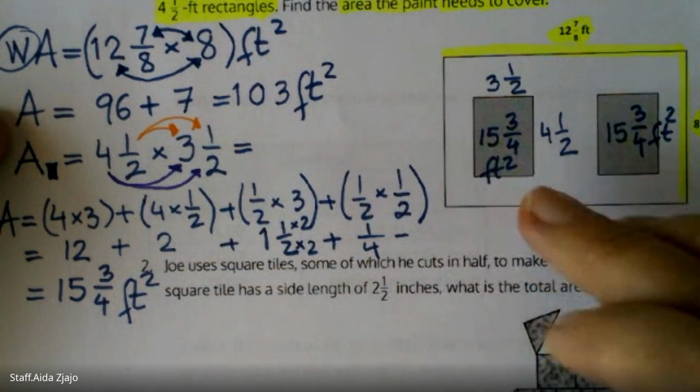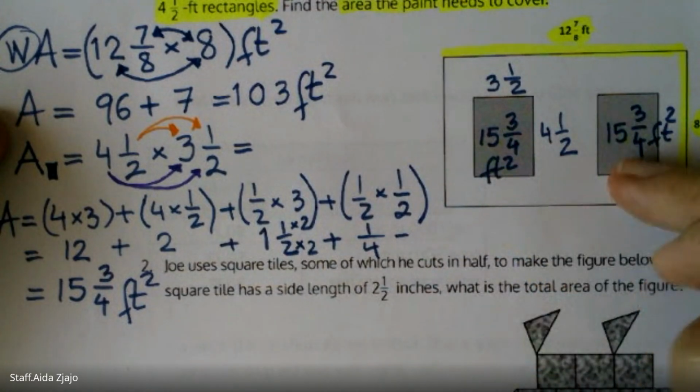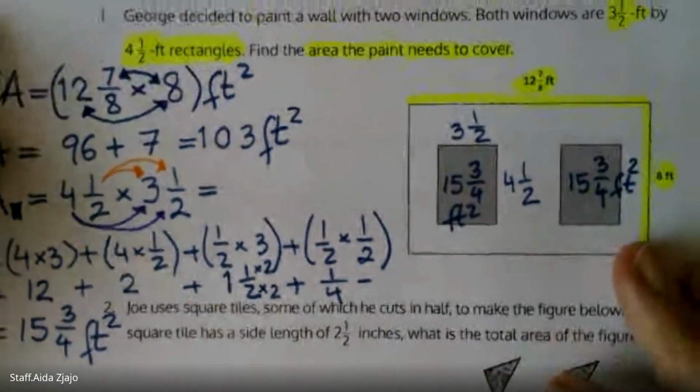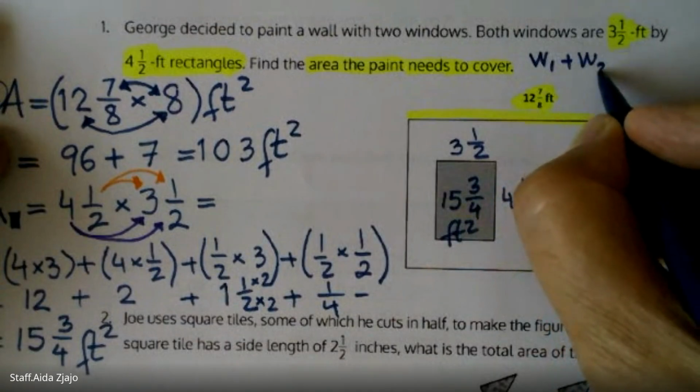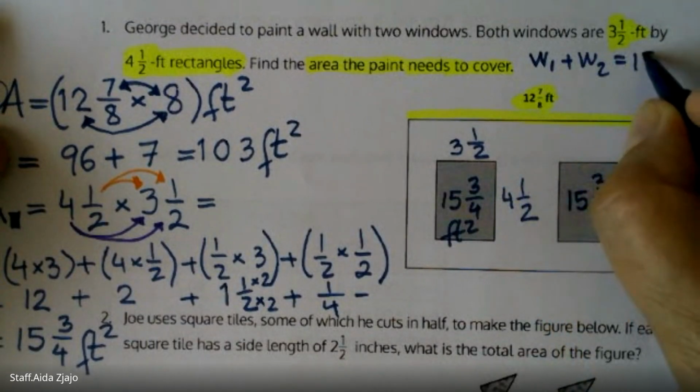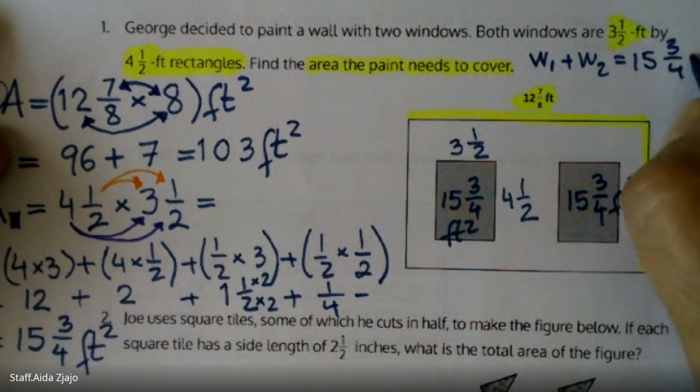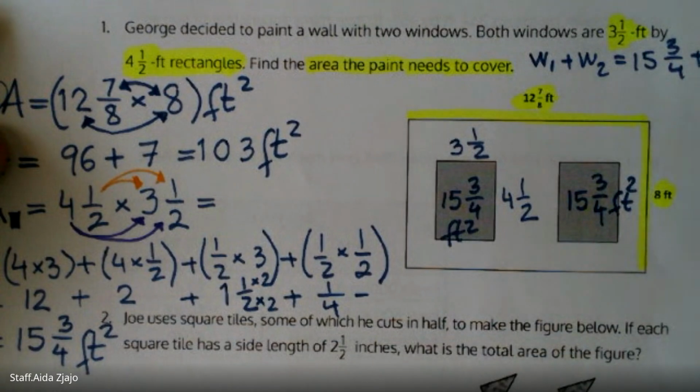So when you add window 1 plus window 2 equals 15 and 3/4 plus 15 and 3/4.